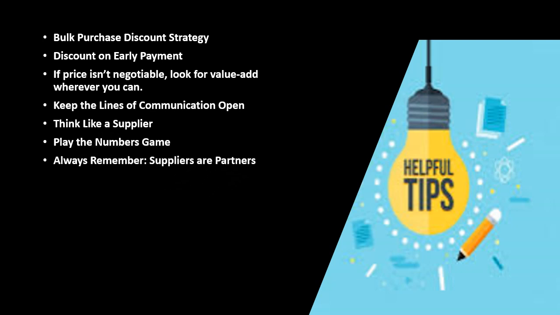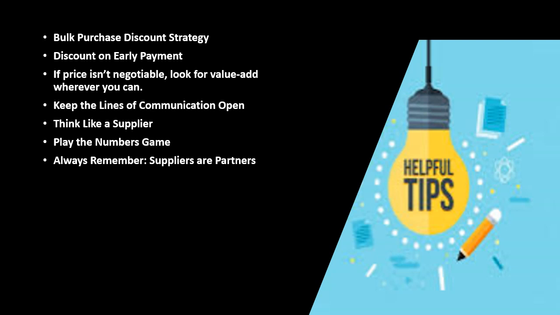Now play the number game. Playing the number game means that if you add to the quantity in a hypothetical way, sometimes you will get the best optimized price. Point number 1, bulk purchase order discount. In some cases, vendors will give the best discount on higher quantities.